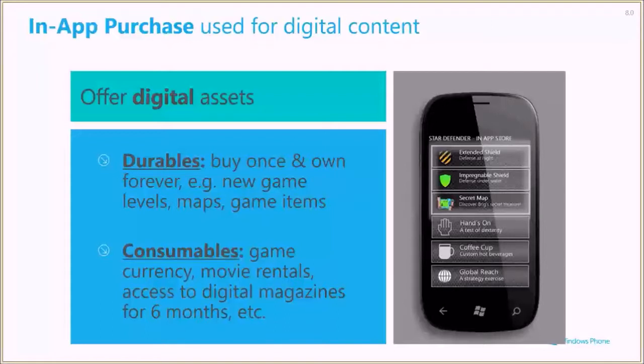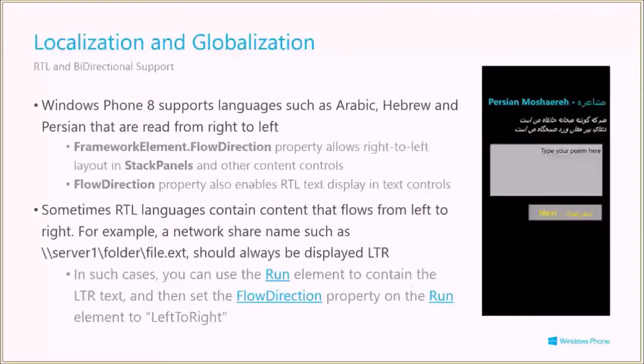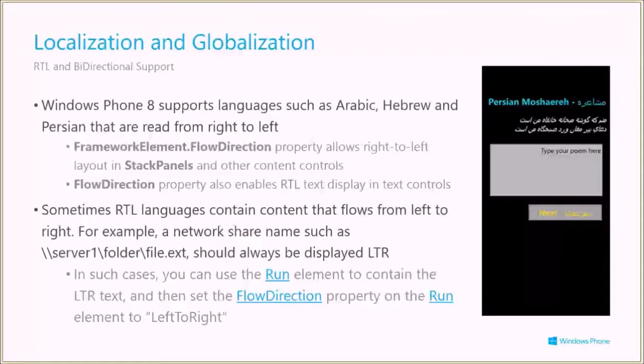Windows Phone 8 now supports right-to-left languages such as Arabic, Hebrew, and Persian. Some elements, like the loading indicator, can also move from right to left instead of left to right. So it helps you give a better user experience and localize the application to your own country and language.